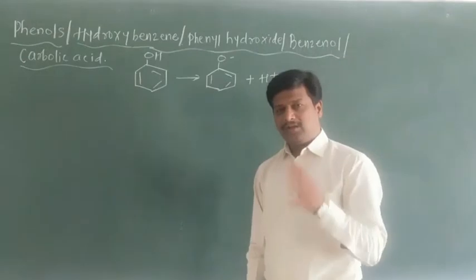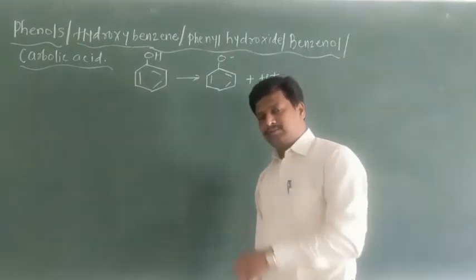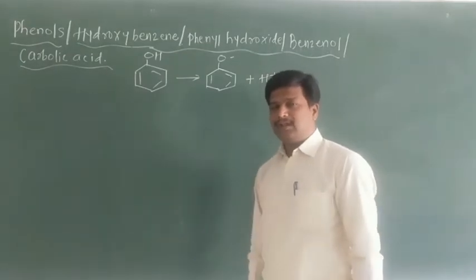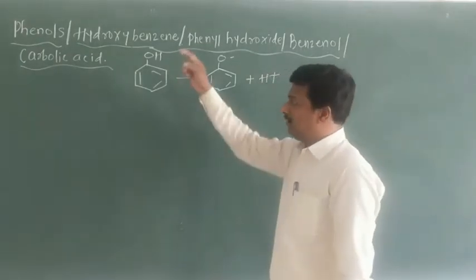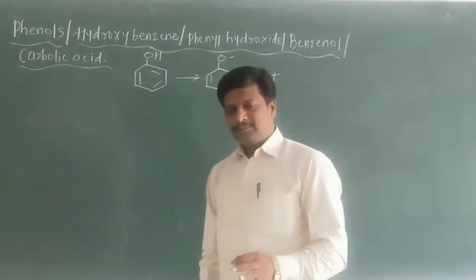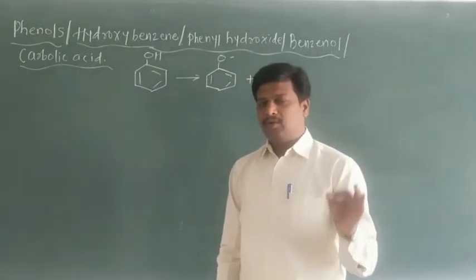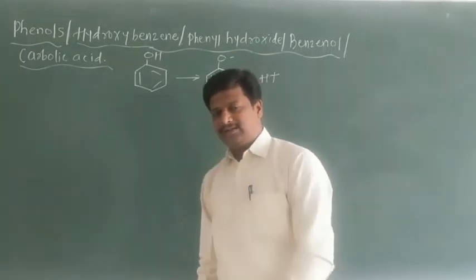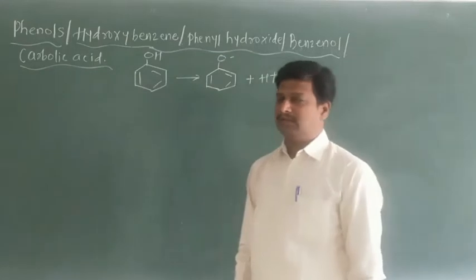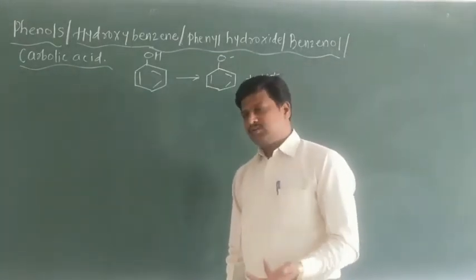Means he took coal tar, carried out its distillation, and prepared the phenols. In the MCQ also, a question may be asked like this: phenol was discovered by dash, and one of the options is Runge. Actually, the year 1834 is not important.